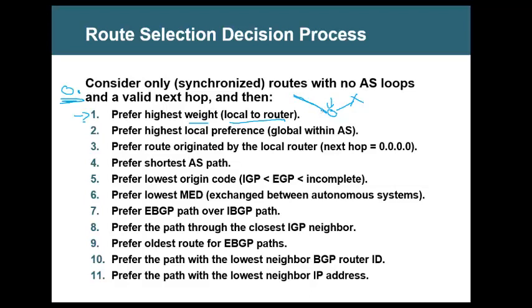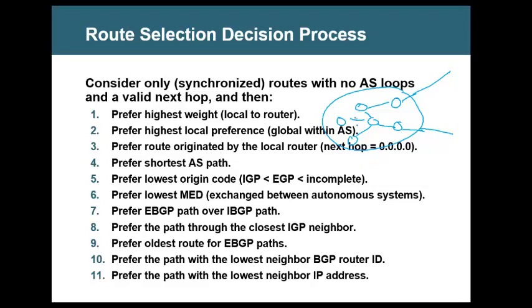But if you wish to select one direction, you've got two exits and many routers, and you want every router in this autonomous system to exit this way, not this way, then you go and set high local preference on this router.